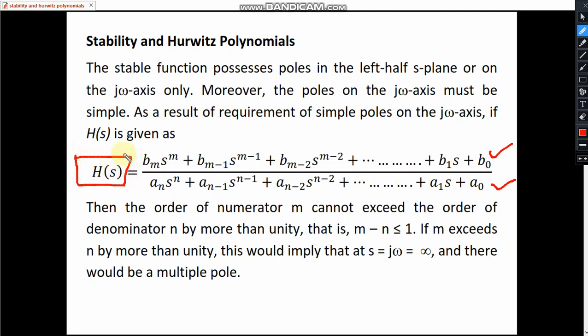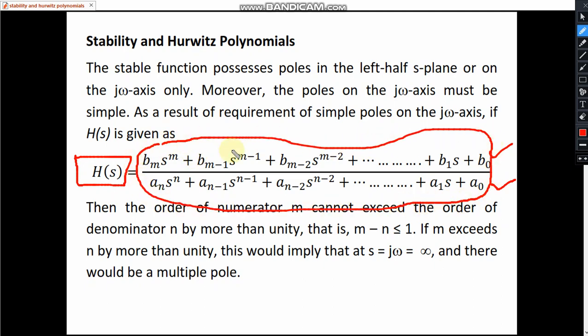Whether it is a transfer function or a driving point function, it will always be of this form if the network consists of R, L and C. So polynomial upon polynomial is known as a rational function. So H(s) is always a rational function. The numerator polynomial is of order m, the denominator polynomial is of order n, with coefficients a and b.